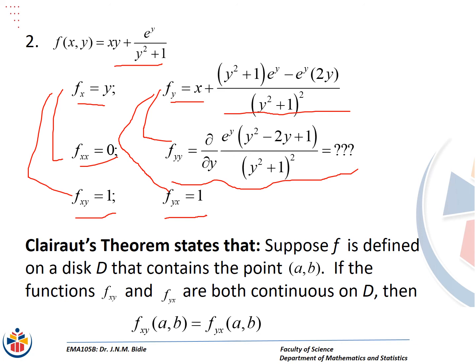Hence then Clairaut states that if the point given, which is (a, b), is in that particular disk where both fxy and fyx are continuous, then that equality holds. That fxy and fyx at the point (a, b) are both equal.